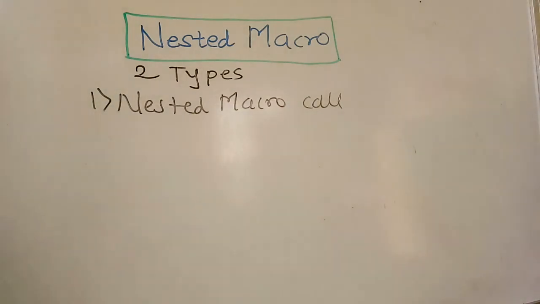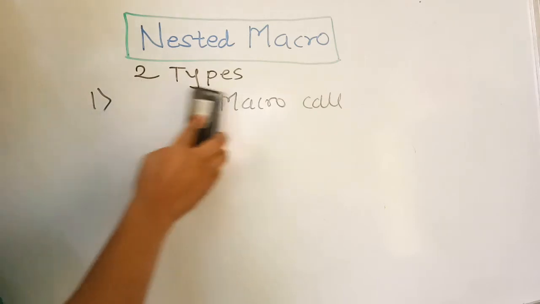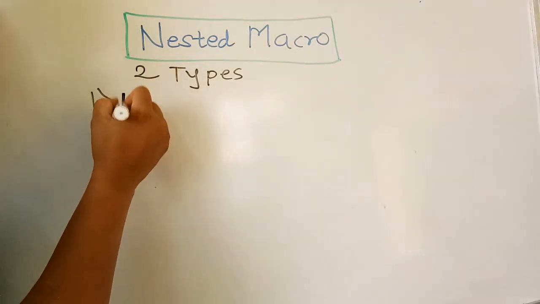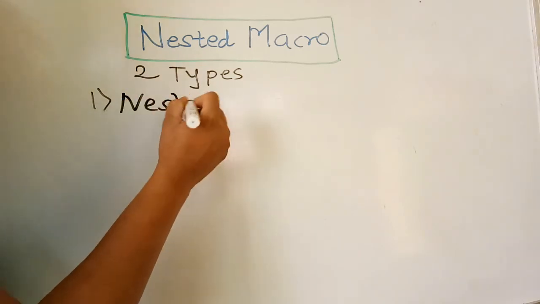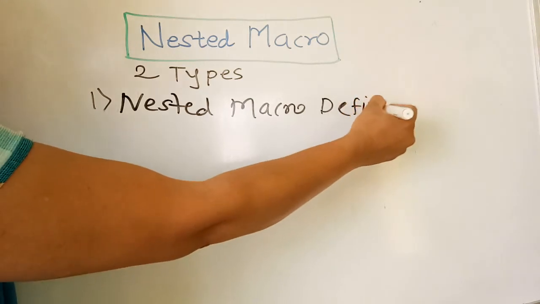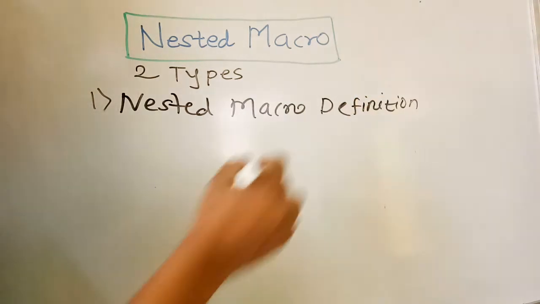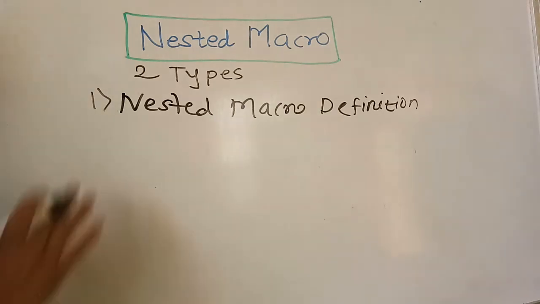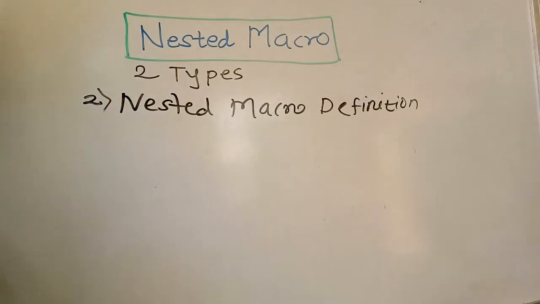Now we will see the second type of macro, that is the nested macro definition. What does it mean? When one macro is defining another macro, it is called a nested macro definition.